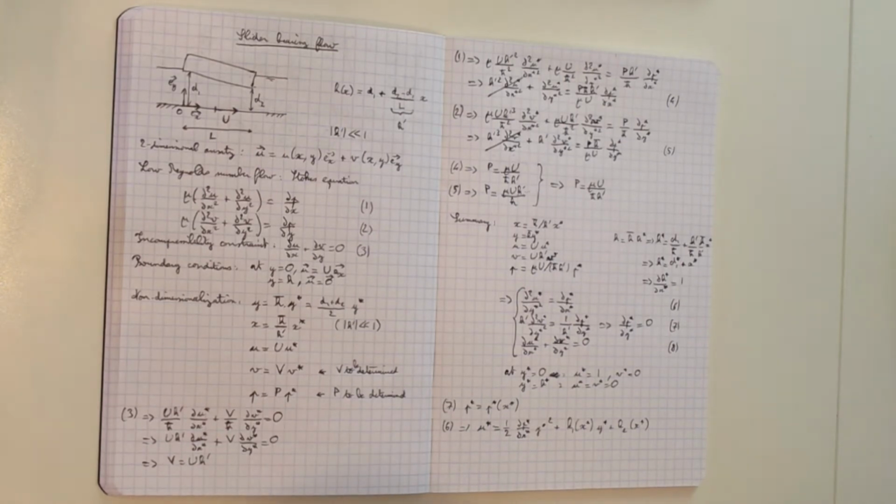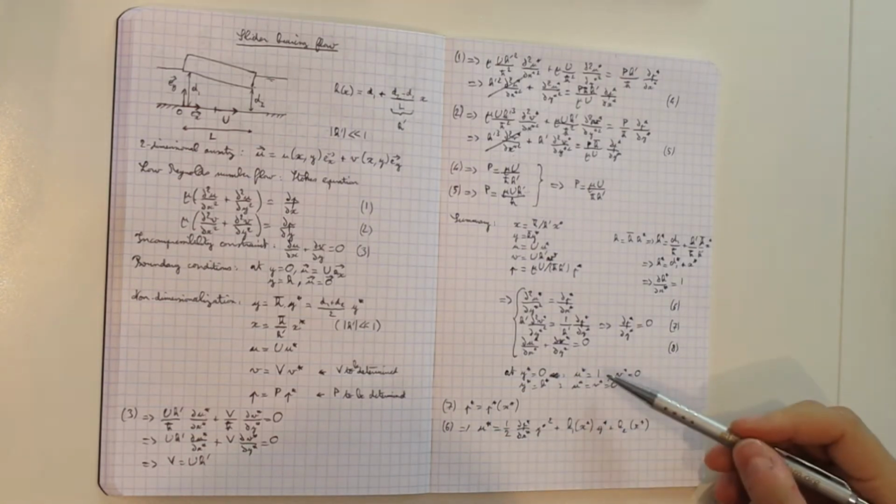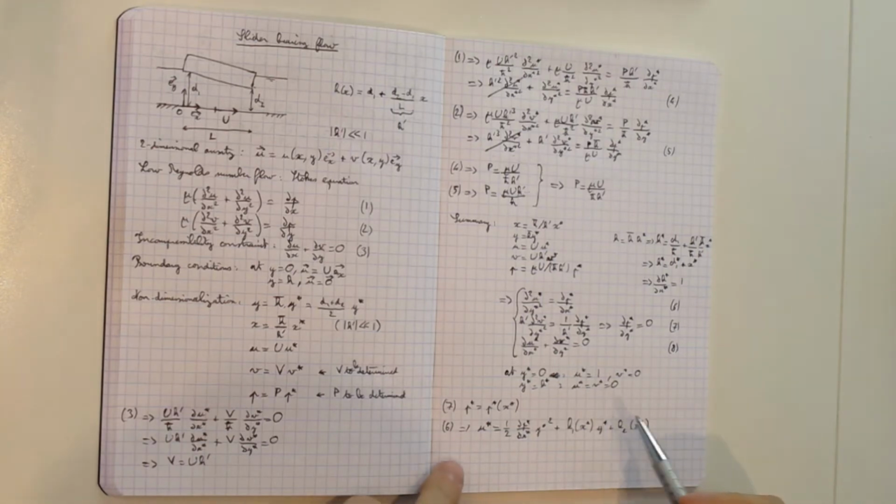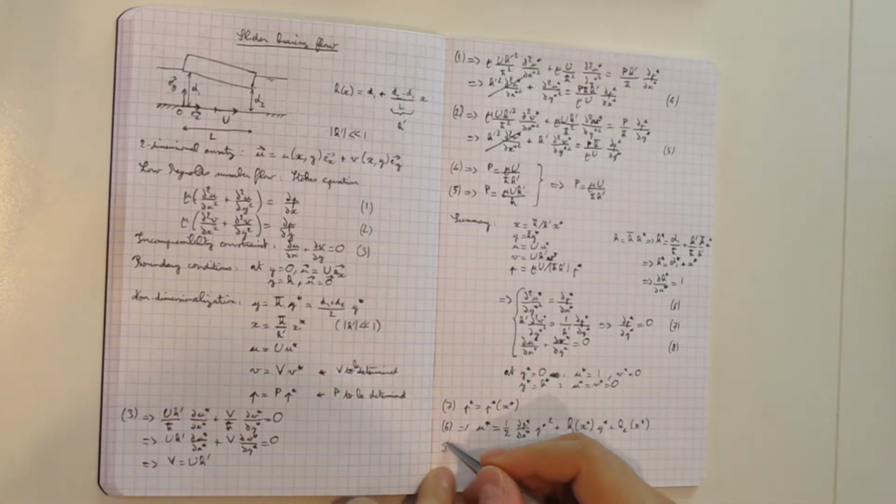So that's what equation 6 gives us. So now we're going to apply the boundary conditions, and for u, right? We have these two boundary conditions. So first of all, let's write down the boundary conditions.